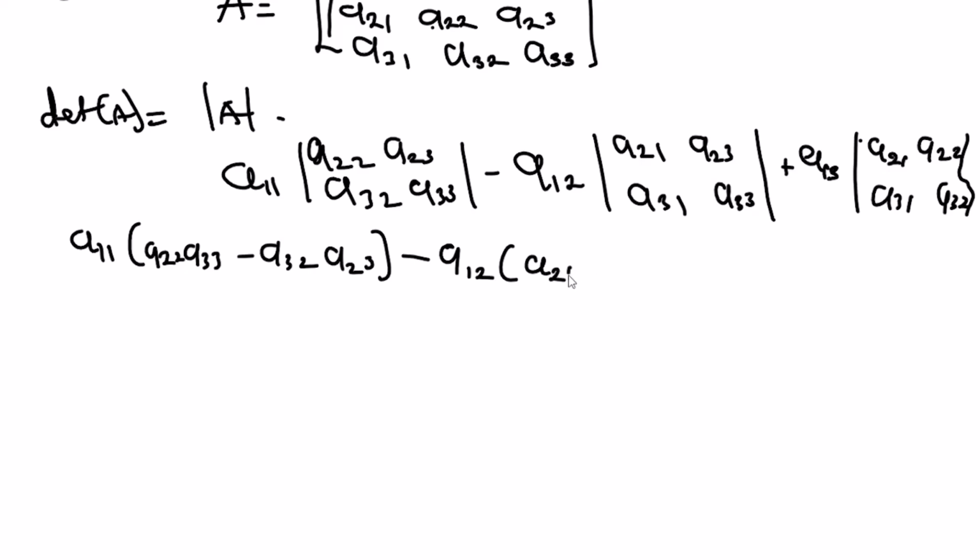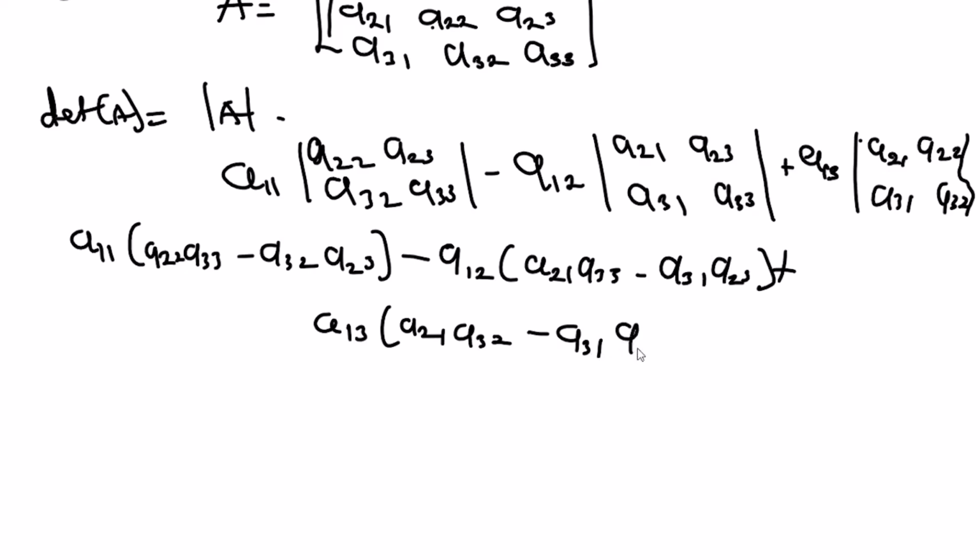So when it comes to the determinant of a 3 by 3 matrix, you pick a row, take each entry, cancel its row and column, then pick the 2 by 2 matrix left and do it that way.